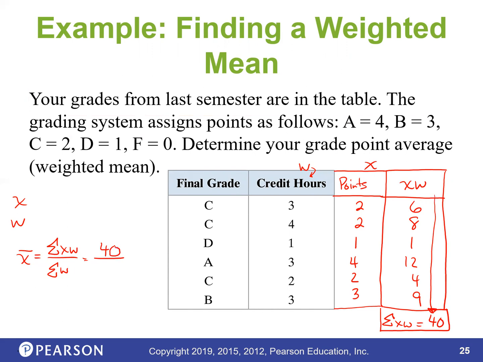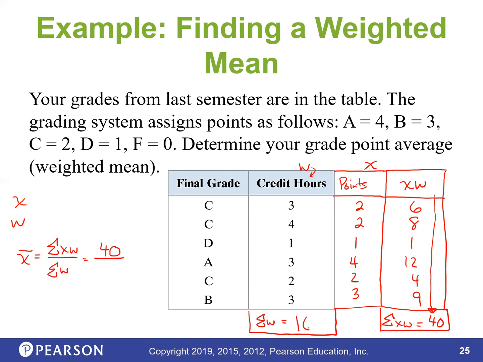Now, what I also need to do is add all my credit hours together. So real quick, make another little entry right over here. Make this the summation of W. So how many units did you take that semester? 16 units.